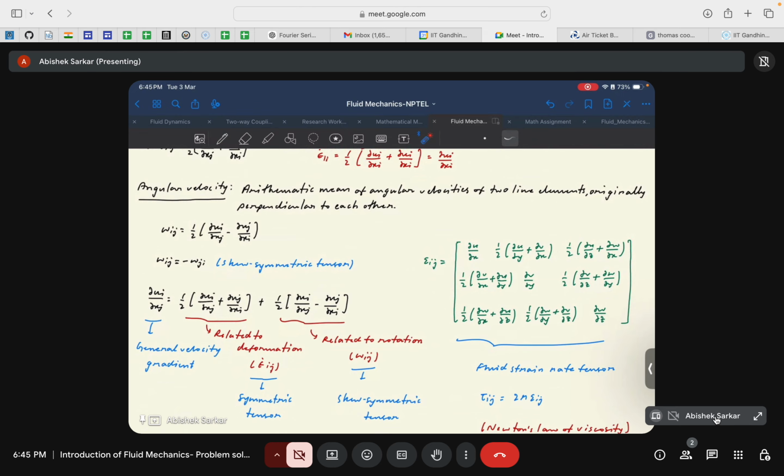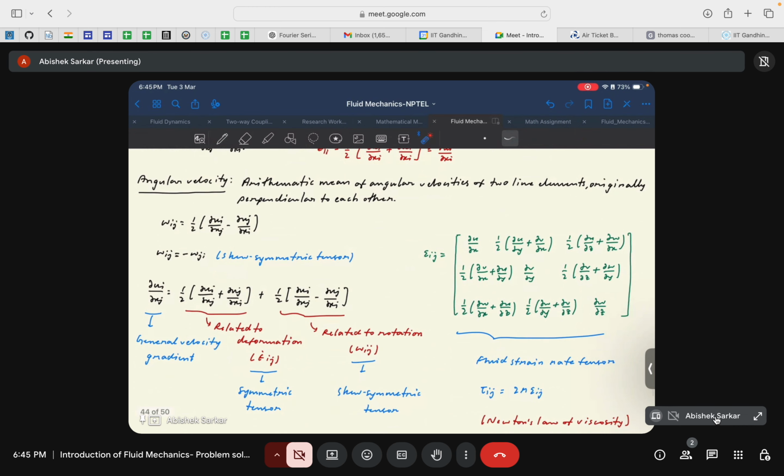The strain rate tensor will have a plus sign between the velocity gradients, and angular velocity will have a negative sign, and this negative sign is what makes this tensor a skew symmetric tensor. That is, omega ij is equal to minus omega ji. If you take the transpose of this angular velocity tensor, it will turn out to be the negative of the original tensor.